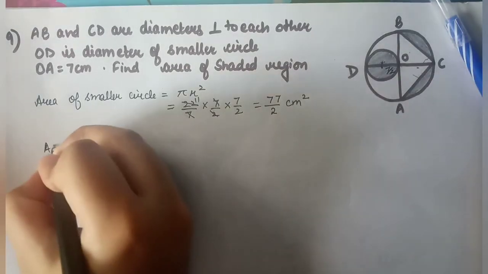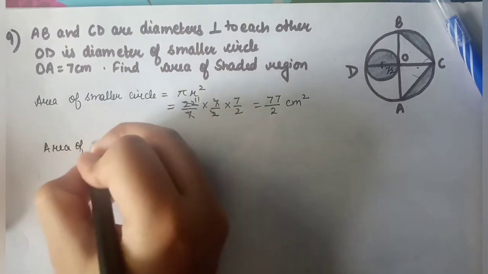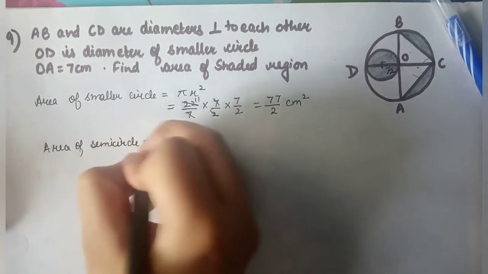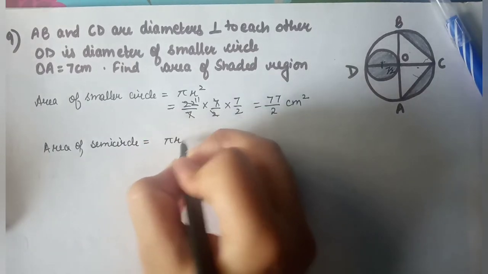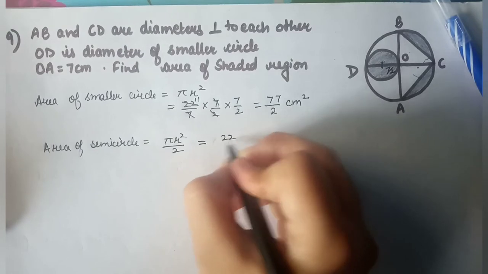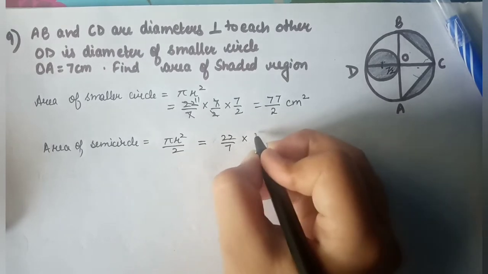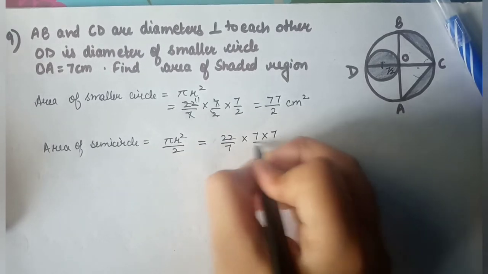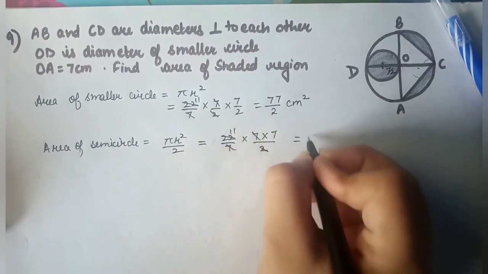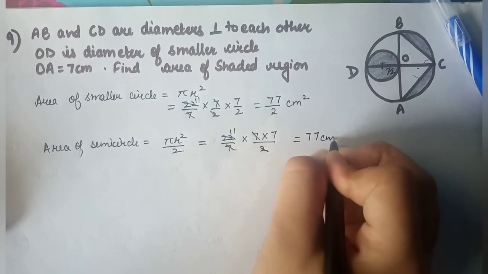So area of semicircle is pi r square upon 2. So r is 7. So it is 22 by 7 into 7 square upon 2. So cancel out the terms. You will get 77 centimeter square.